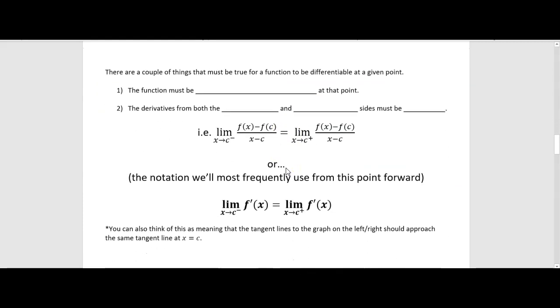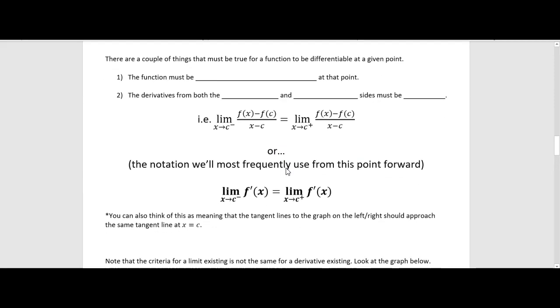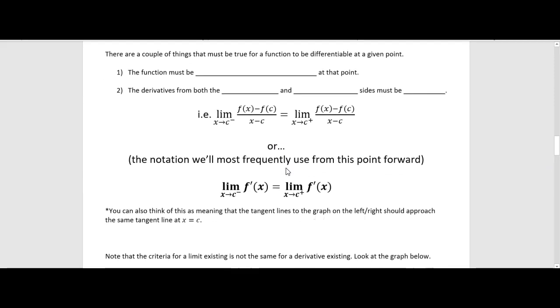All right, let's move on. So now we're starting to sum up what must be true for a function to be differentiable, or for the derivative to exist for a function at a given point. Well, the first thing is the function must be continuous at that point. Next thing is the derivatives from both the left and right sides must be equal, right?